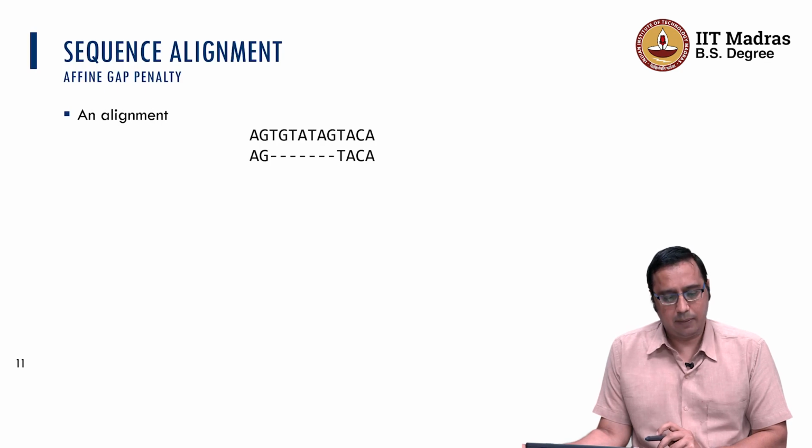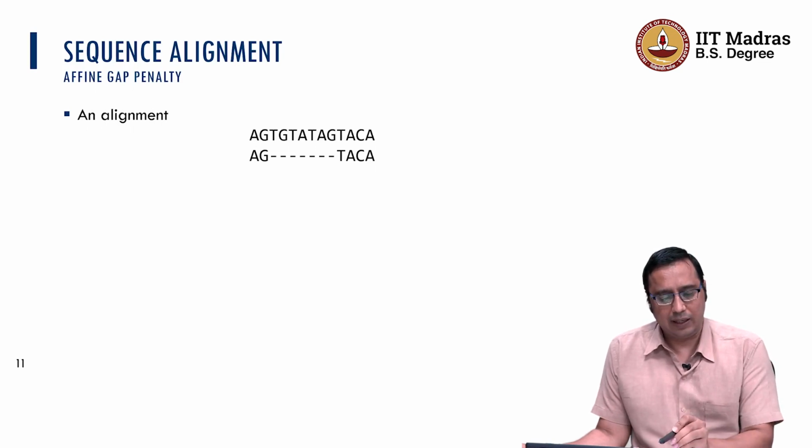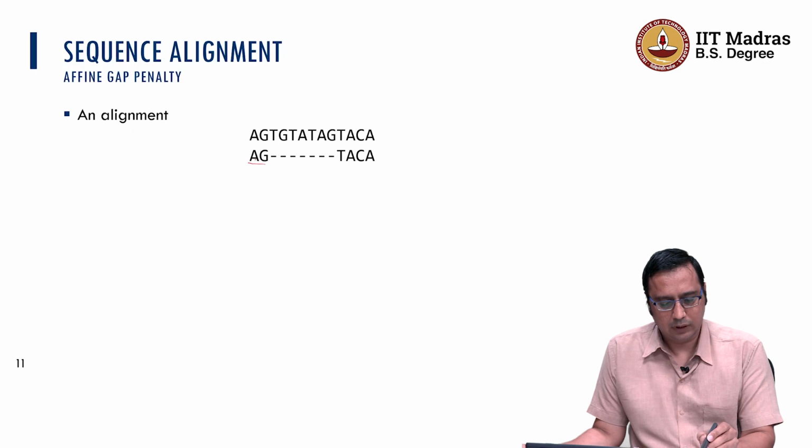So again we will take the same sequences, but I am using affine gap penalty to align them. And if you look at it, now I have a sequence which is aligned this way, there is a huge gap, and then I am aligning.